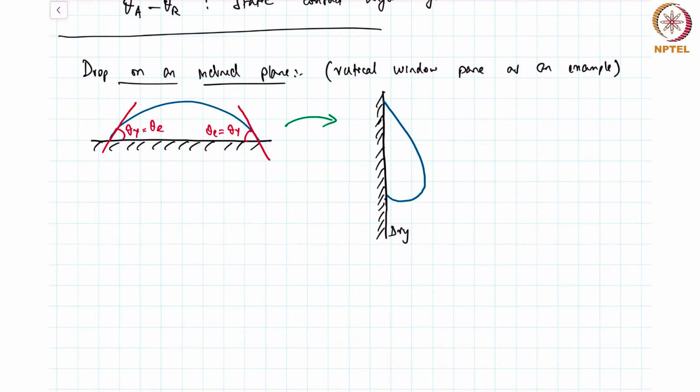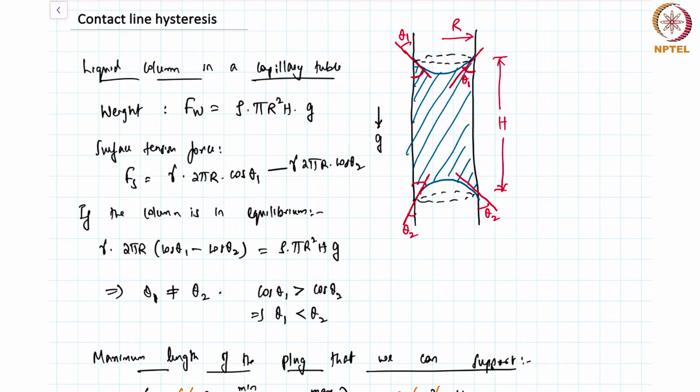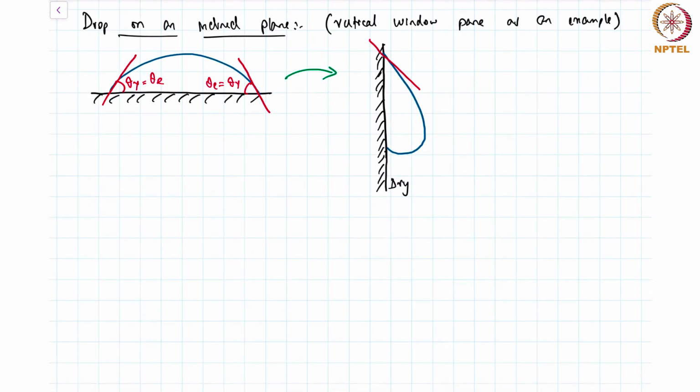This is an example of the same thing that we are seeing here. We have two different angles, but now the droplet is not moving. So this angle here that we're trying to draw is the receding angle. We'll call it theta small r, and this is theta small a.